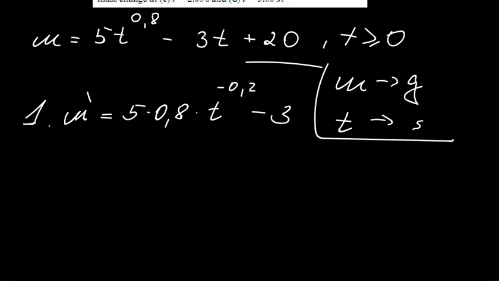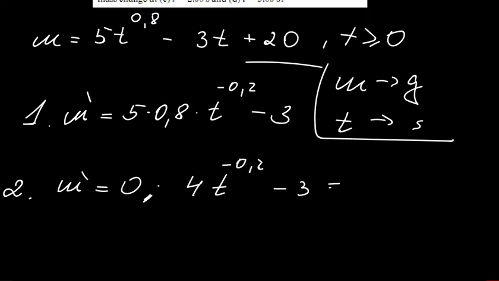Now, once we do that, we need to solve this equation when we say that this is equal to 0. So we get that 4t to the power of minus 0.2 minus 3 is equal to 0.